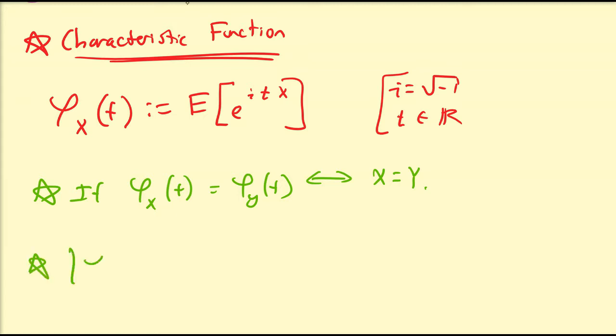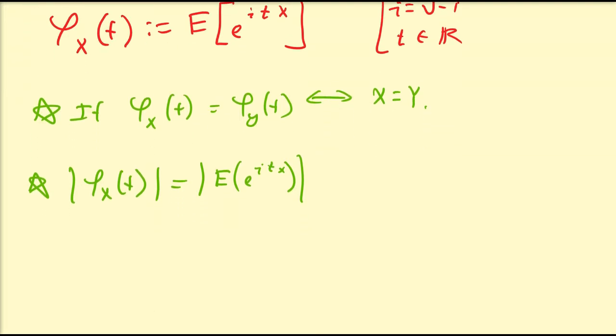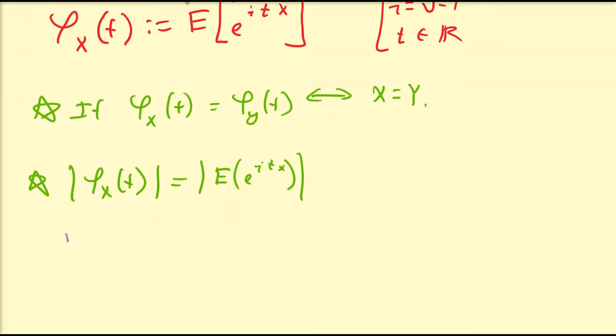The absolute value of phi X of t is going to be equal to the absolute value of its definition, which is the expectation of e to the itX. So remember the triangle inequality. Remember that the absolute value of a plus b is always less than or equal to the absolute value of a plus the absolute value of b.